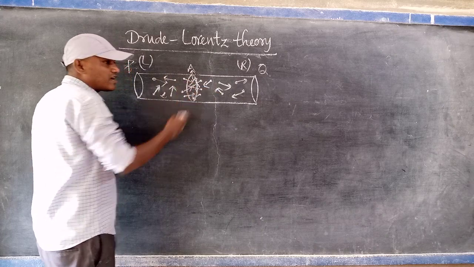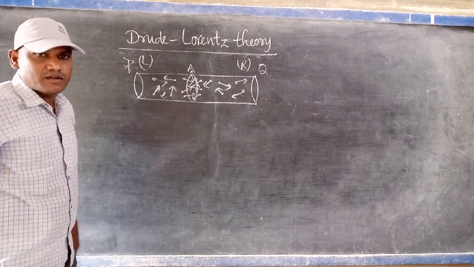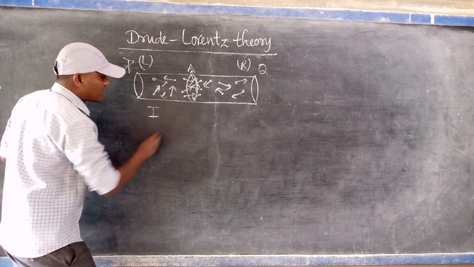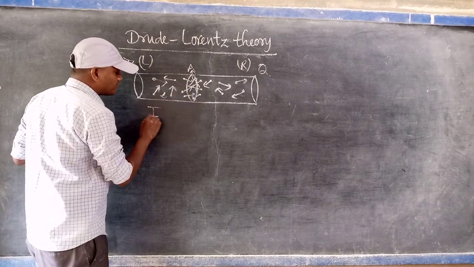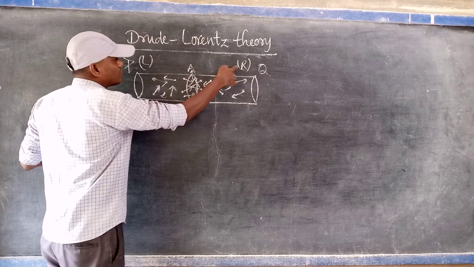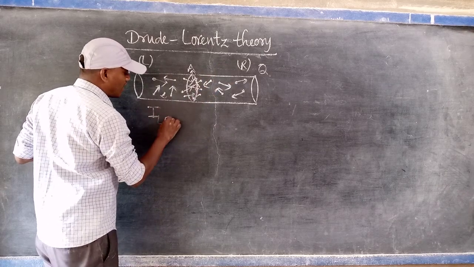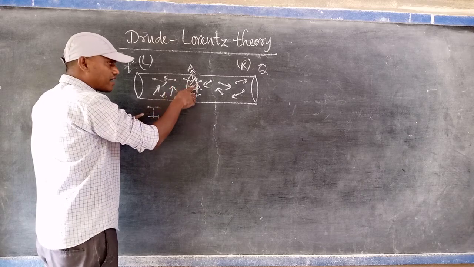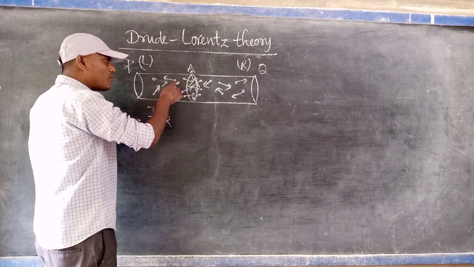We know that the flow of electrons is called current. So for example, left to right, we can say I of LR means the electrons carry the current by motion from left to right.